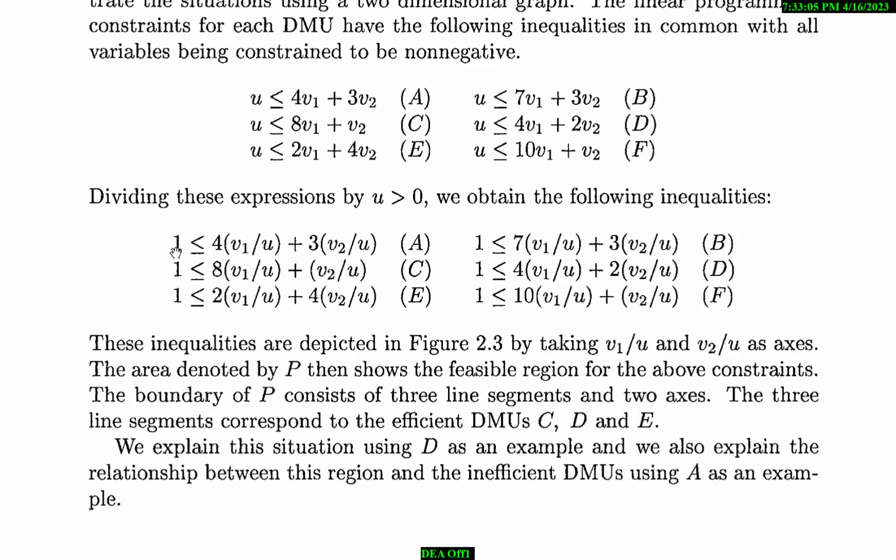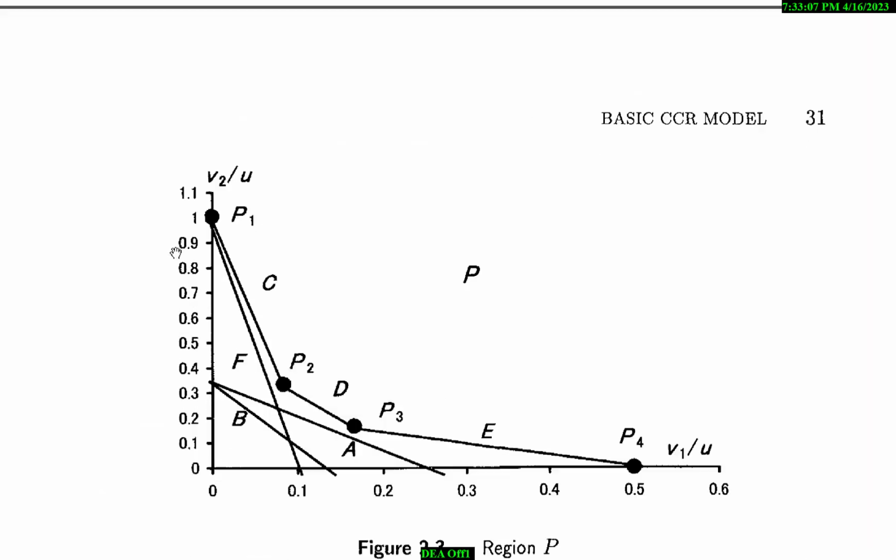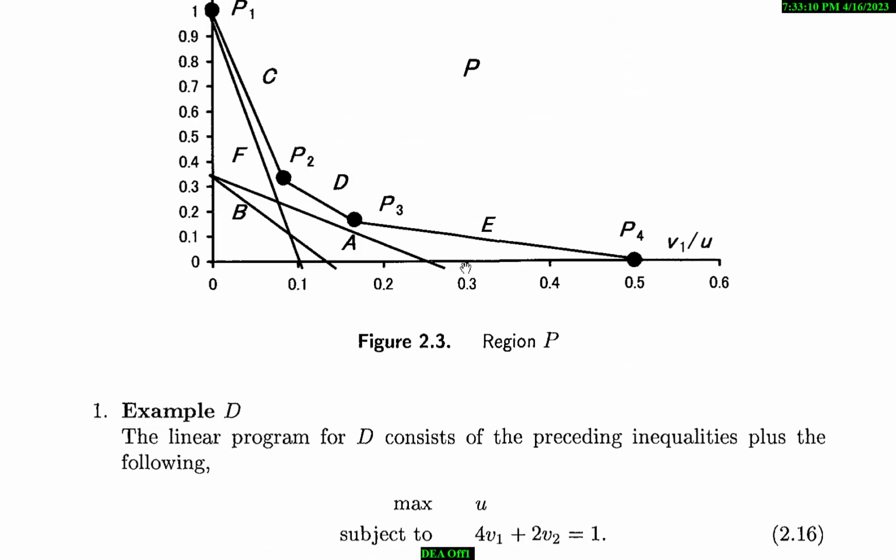When this value is equal to 1, we are on line A. Here you see this value is not feasible. Indeed, T equal to 1 is not feasible.